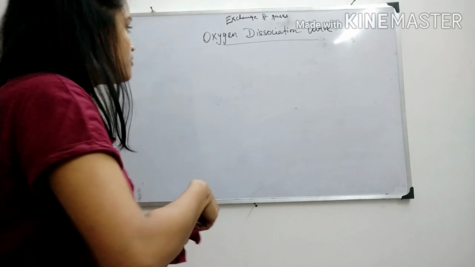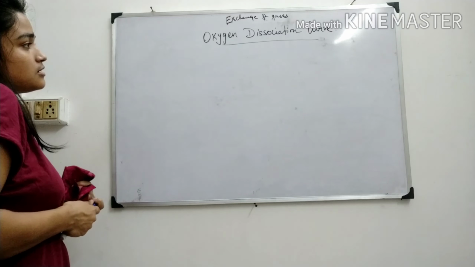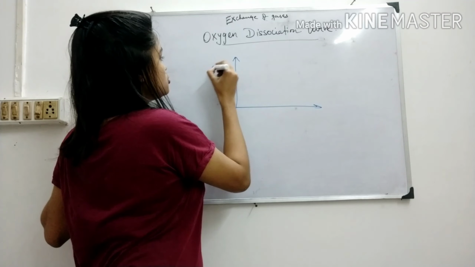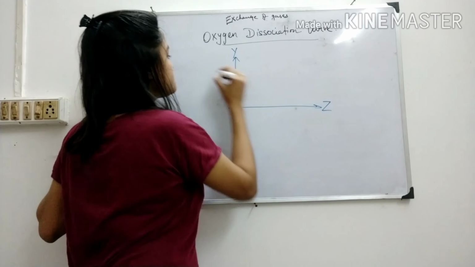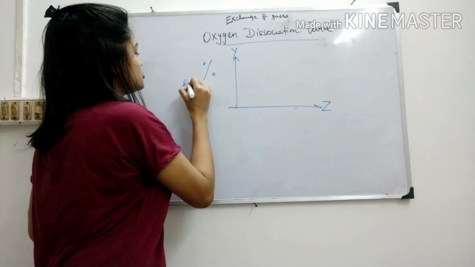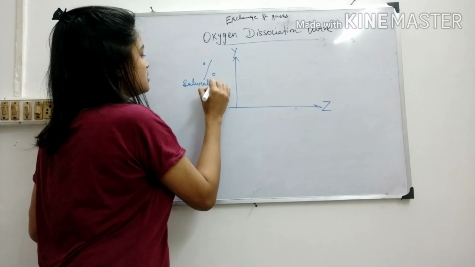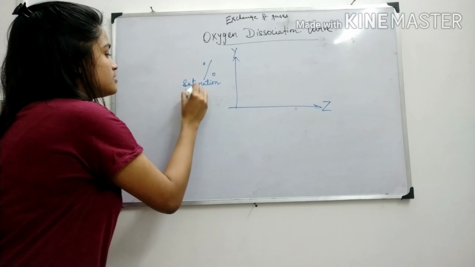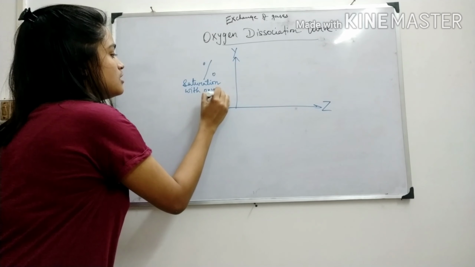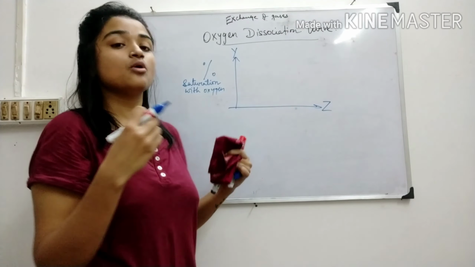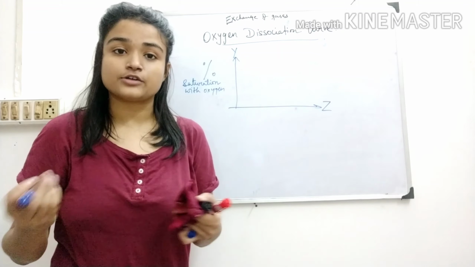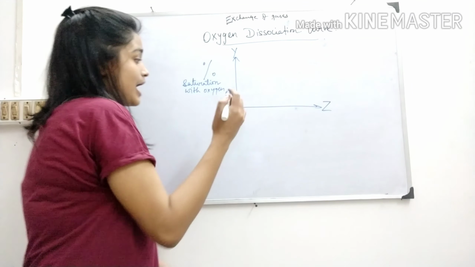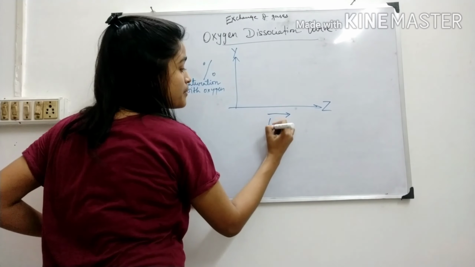This curve is a graph in which the y-axis shows the percentage saturation with oxygen, that is, how much hemoglobin or myoglobin is getting saturated with oxygen, and at what partial pressure.